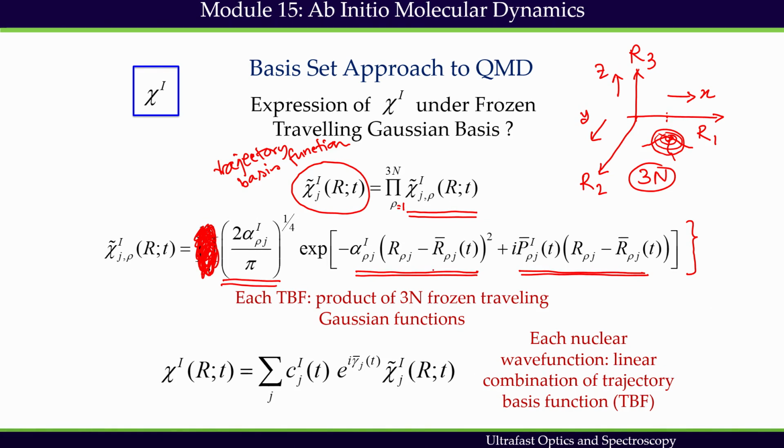So what we have here is a trajectory basis function. I am forming the trajectory basis function by the product of 3n frozen traveling Gaussian functions, and then I have to finally represent the nuclear wave function, for a particular electronic state, the ith state.